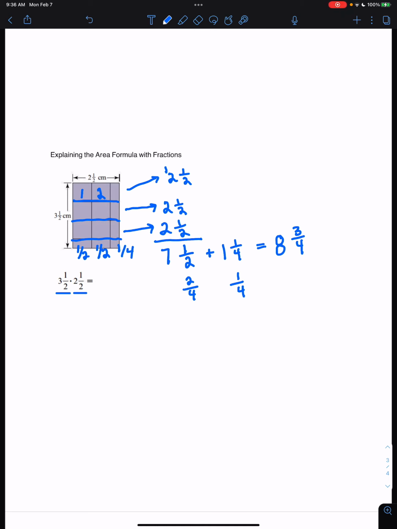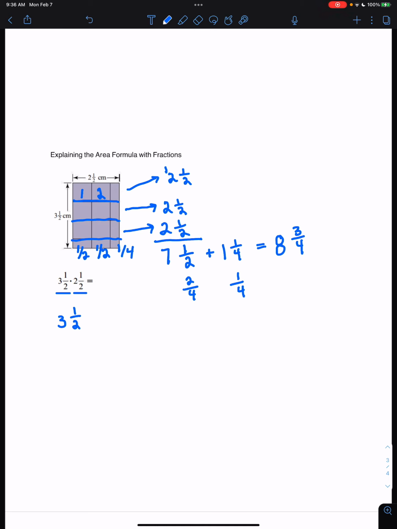First thing we have to do is we have to change these mixed numbers into improper fractions. Oh, do we remember how to do that? 3 and 1/2. So how many halves are in 3? That's how I like to think about it.